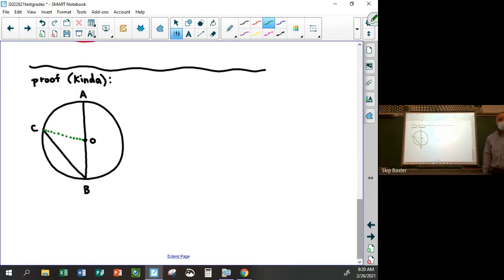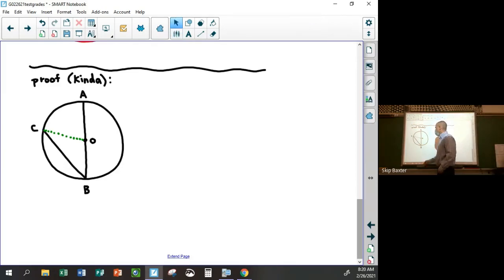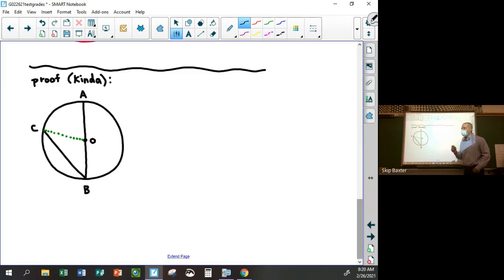That's definitely doable, right? And then hopefully you agree that we have a triangle here. And this is an exterior angle of that triangle. But what's true about the exterior angle of a triangle? We have this thing from long ago. It's called the exterior angle theorem.